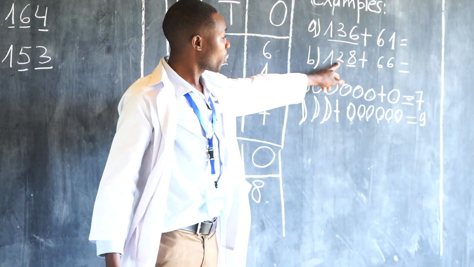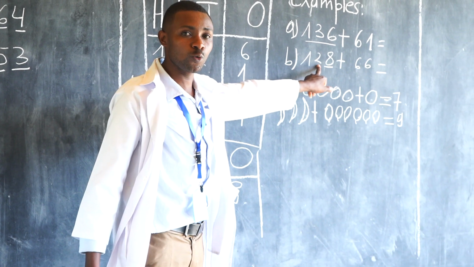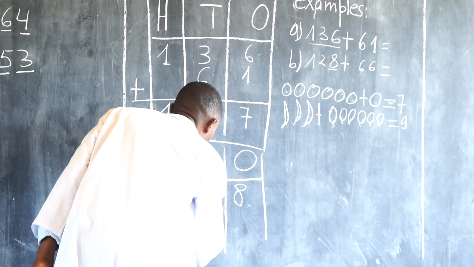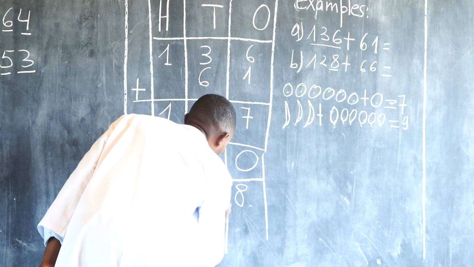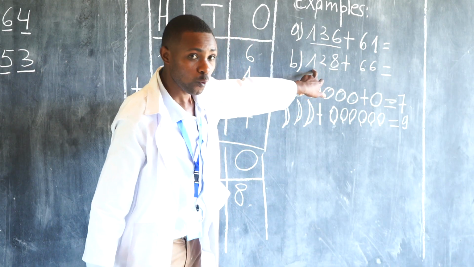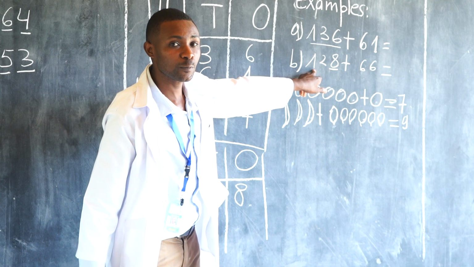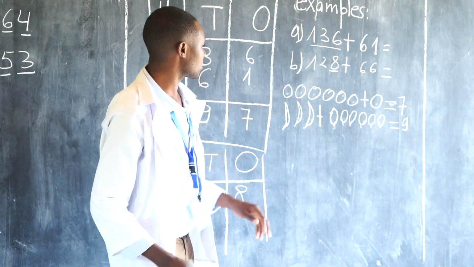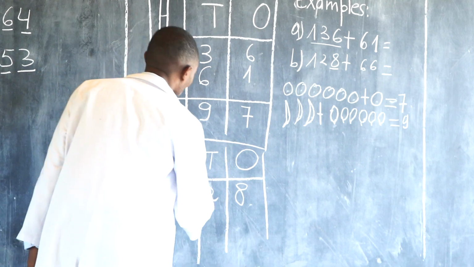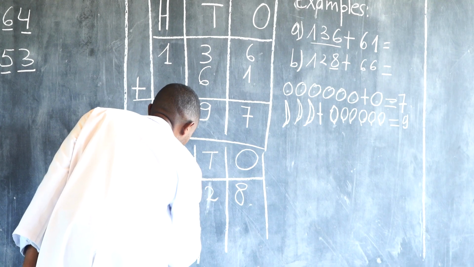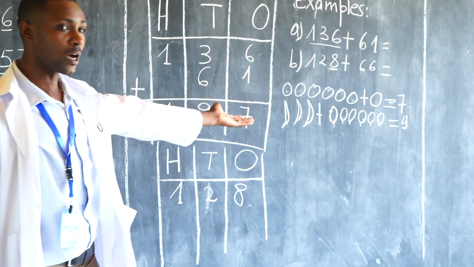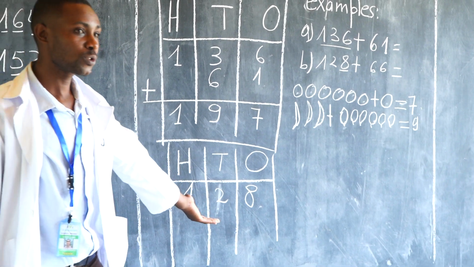After 8 we have 2. Now this 2 represent tens. Now we have to write 2 here. After 2 we have 1. This one represents hundreds. Now we are going to write 1 here. Now we already finished to put our number in a place value table.